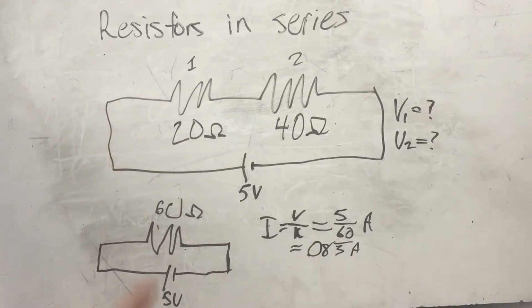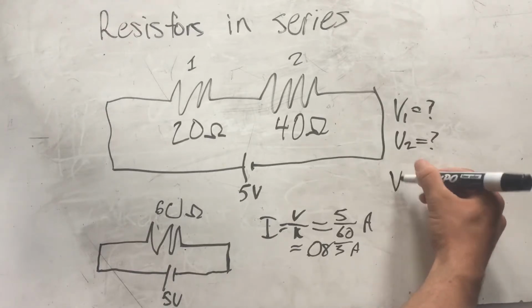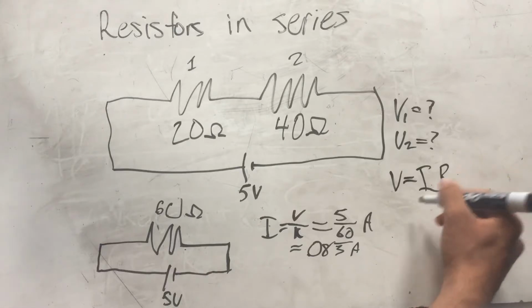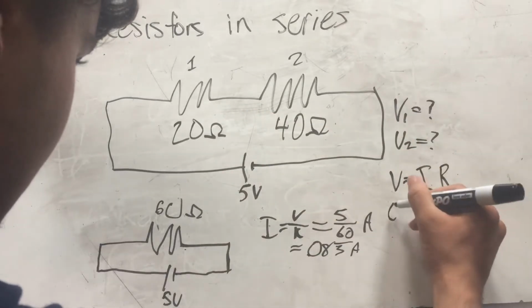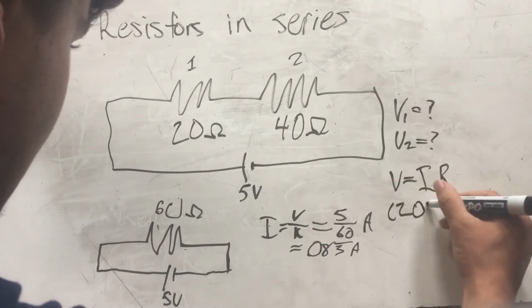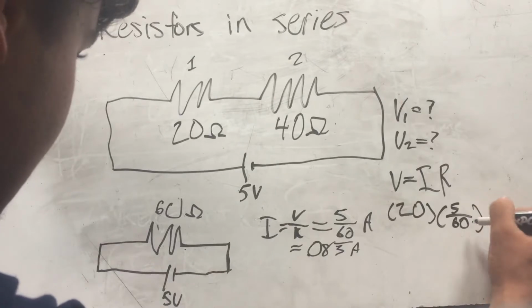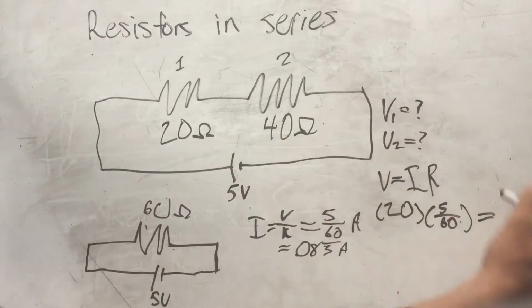Given that our current in both of these two resistors, by working our way back up, is 0.083 amps, we can now find the voltage drop by using our handy-dandy V equals IR equation and plugging in, for our first one, 20 and 5/60ths, which is 0.167 repeating volts.